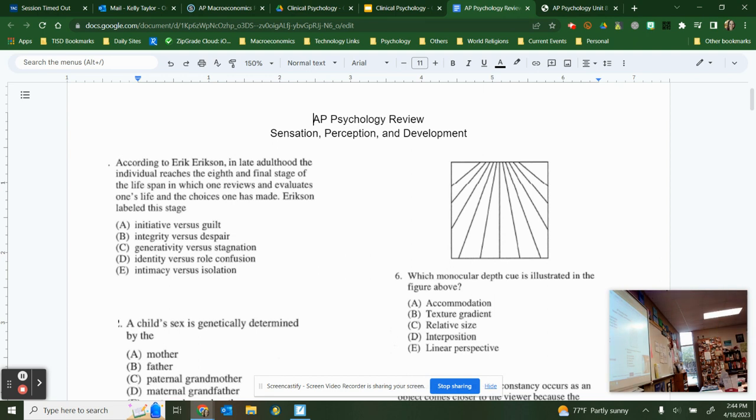Maybe with a pencil. Oh, you took a picture. Nice. Smart. I'm going to pass around a seating chart, not a seating chart, a sign-in sheet.